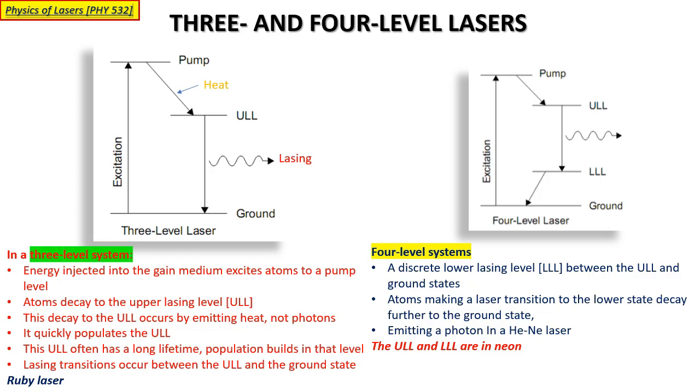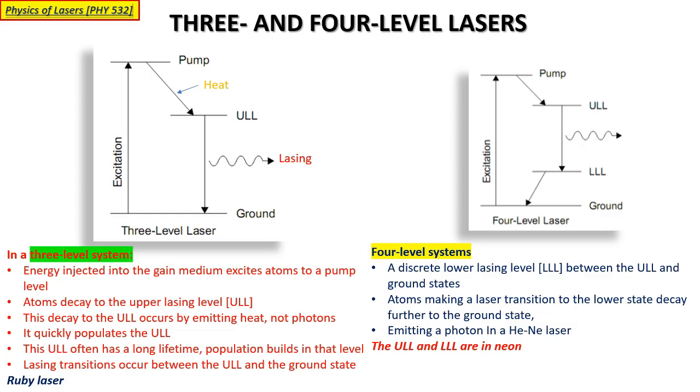We have already discussed 3 and 4 level lasers in the previous chapter a little bit. If we want to understand the laser, then we categorize it as a 3 level laser or a 4 level laser. These are basically energy levels.